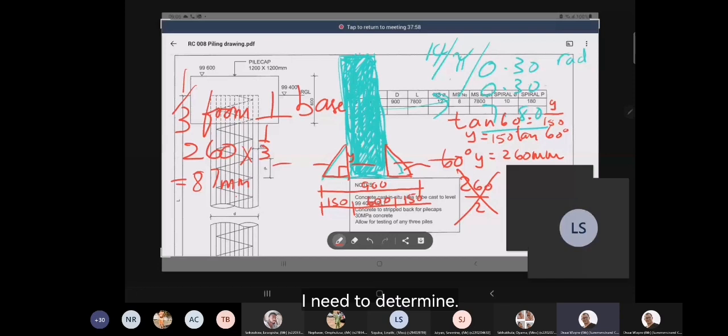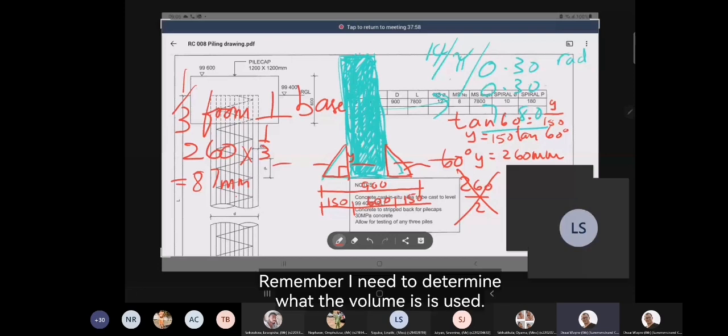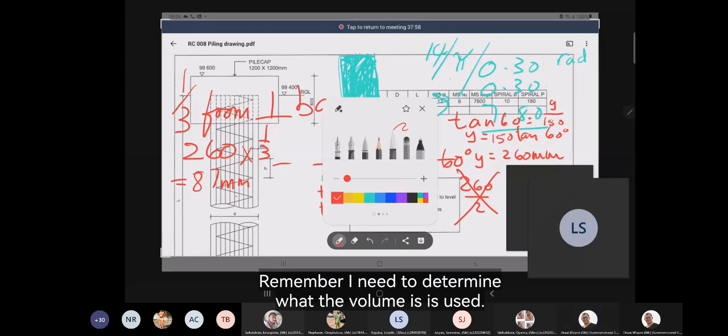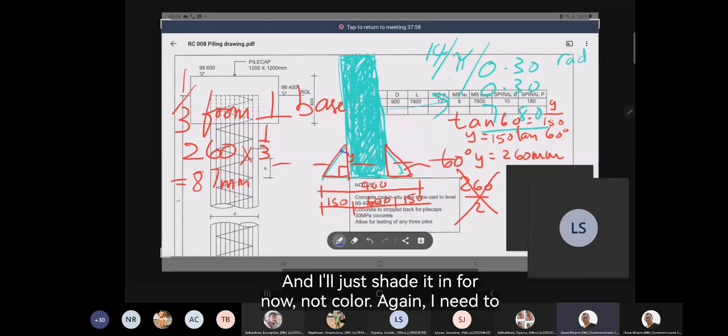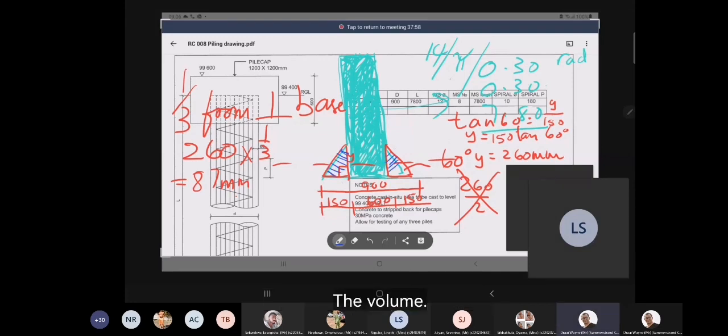I need to determine what the volume is. Let's just use a different color here, and I'll just shade it in for now. I need to determine the volume of that all the way around. How do I do that?